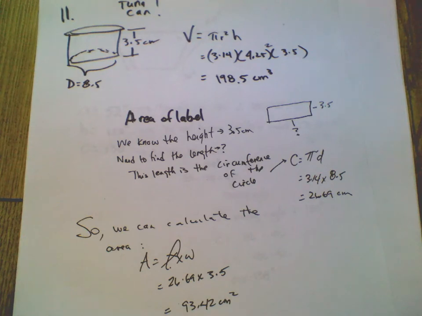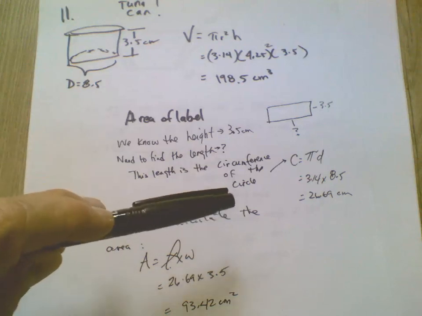So I know my height is 3.5. I don't know what my length is, okay? But if I were to reattach that, in other words, get that long rectangular piece and enclose it so it becomes a circle, my length is actually the circumference of the circle. So that's going to help me, okay? And that's why I'm using that down there.